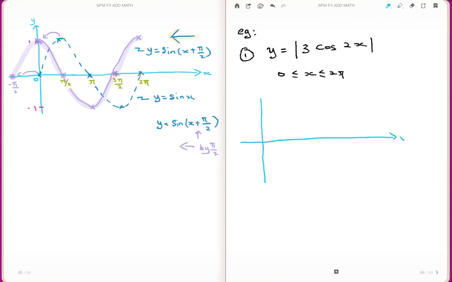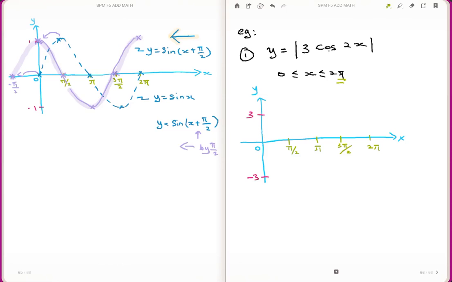X and y axis, 0. The amplitude is always the easiest to start with, so 3 and negative 3. Start with the amplitude first, then the angles. Since the question says it's 2 pi, we use pi. So the first one is pi by 2, pi, 3 pi by 2, 2 pi. So maximum 3, negative 3.